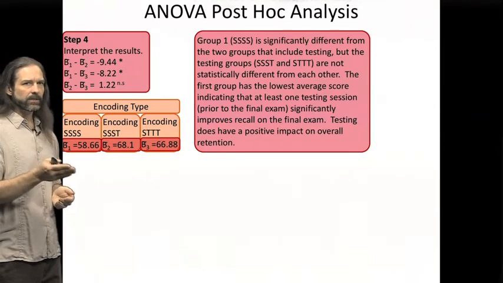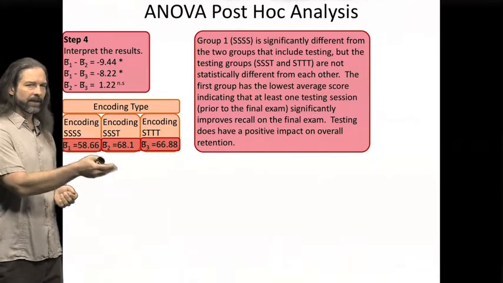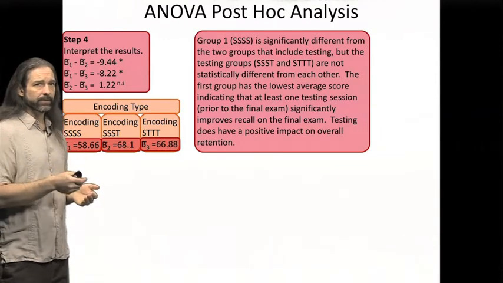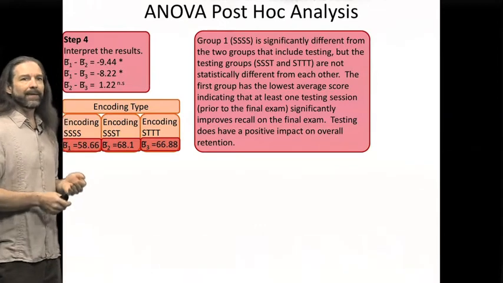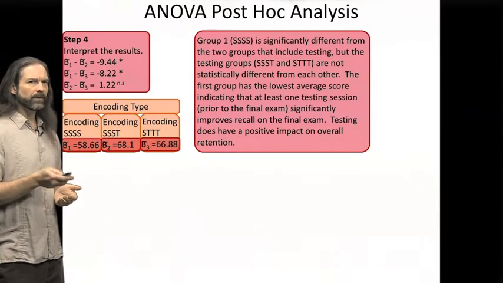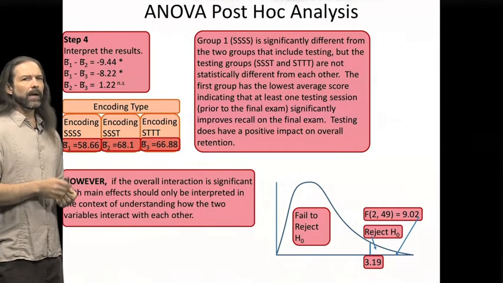At least one practice test phase, one self-examination phase, is going to result in statistically significantly higher performance than if all we do is study the information. That's what we have now in terms of this main effect.